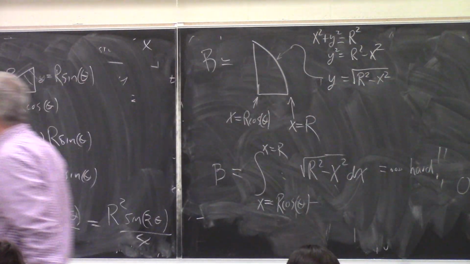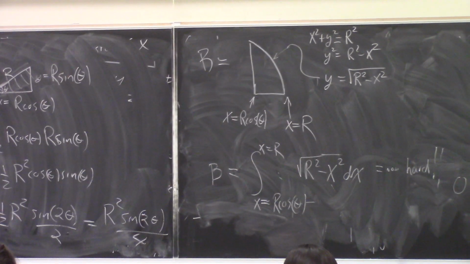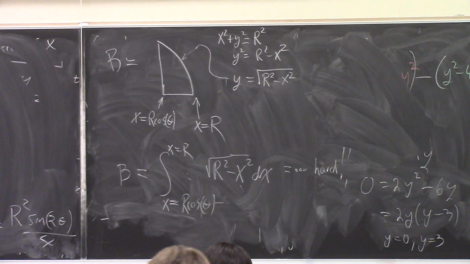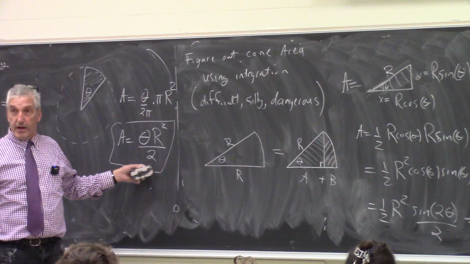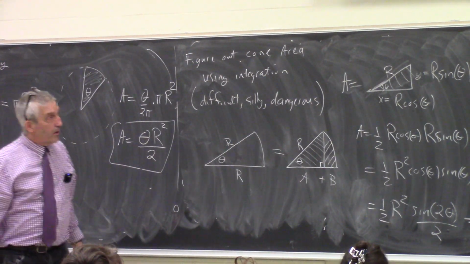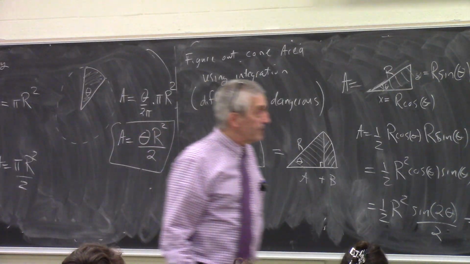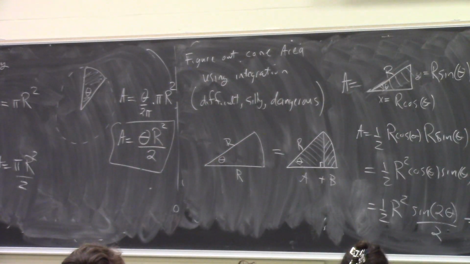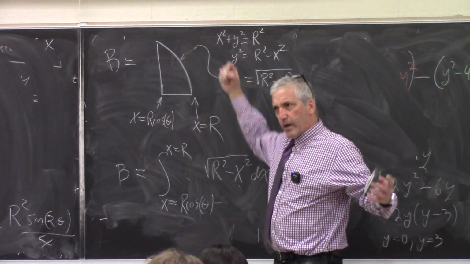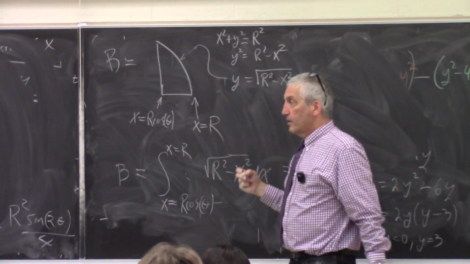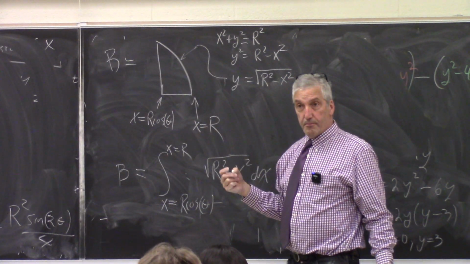You should get theta r squared over 2. The amazing thing is when you do all this work, and if you have a really good day and you can simplify everything, you ought to get theta r squared over 2. Okay, so I bring this up because this is the kind of stuff you find in the book. If you were doing area between curves, this is an area between curves, this is the way you got to do it, it's going to be hard to do it. But we already know a geometry question.